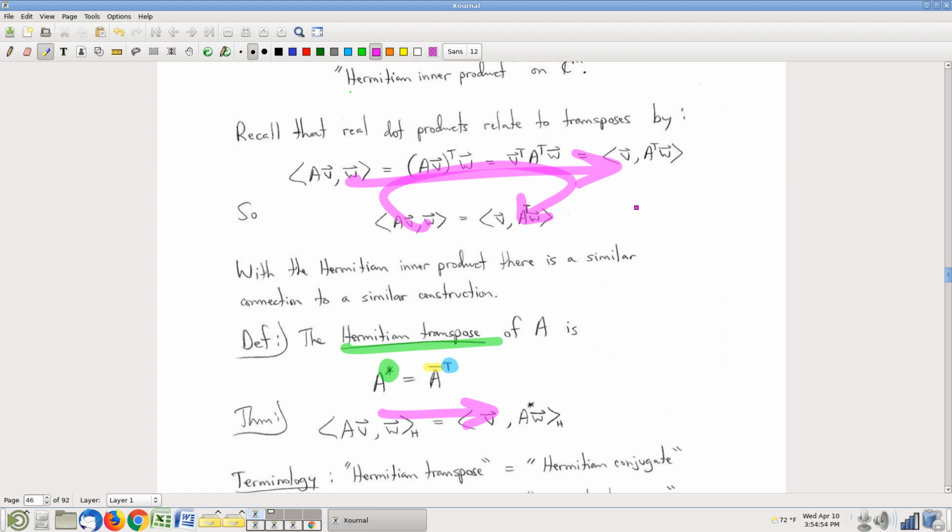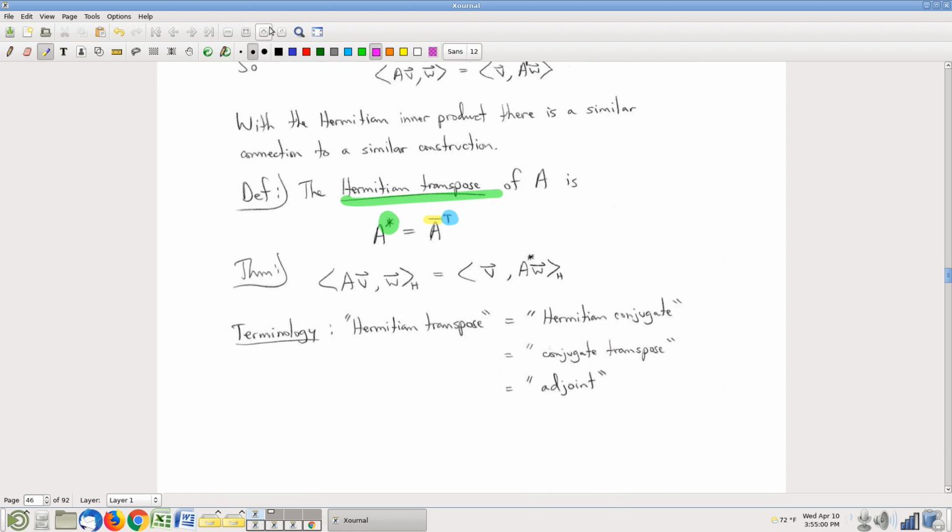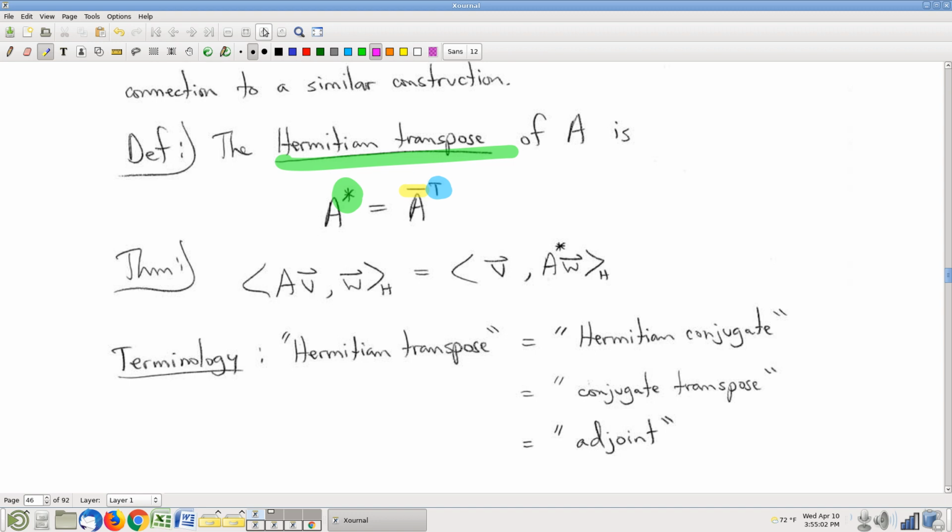Okay, a little bit of terminology. I feel like I have to say certain of these things. This term, Hermitian transpose, I really like this term. It's very natural as follows. Where did it come from? Why did we write down this formula? Well, because in the context of how it fits in with a Hermitian dot product, this behaves like the transpose did in terms of how they relate.